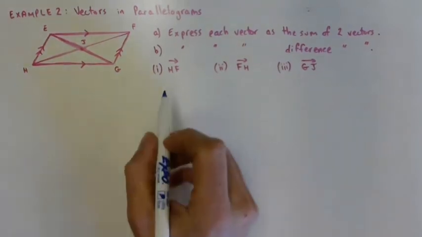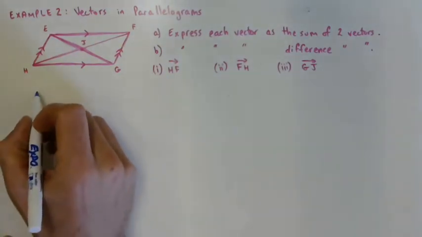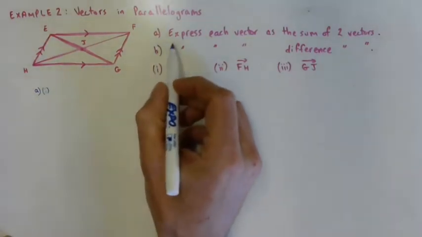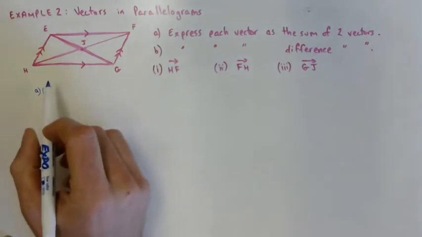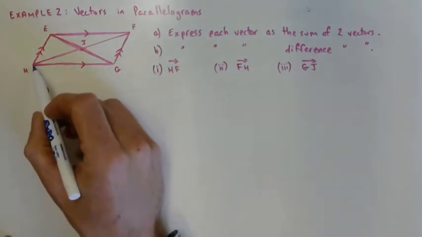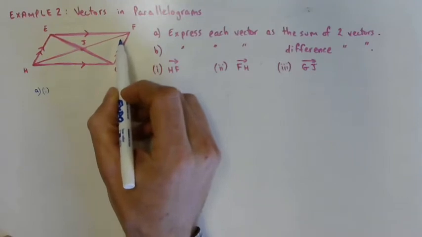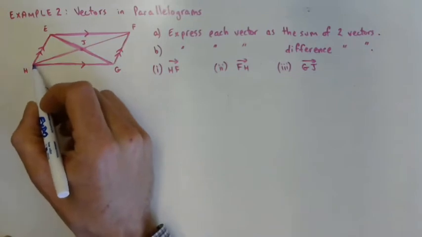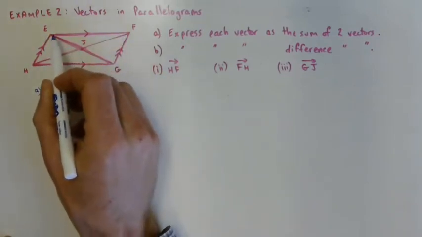Okay, so let's look at FH. And there are a lot of possibilities for each vector here. We're just going to show a couple. In A, express each vector as the sum of two vectors, and we're doing it for one, the vector HF. HF is the diagonal heading up here, and if we're looking at the sum of two vectors, then I would say we can look at HE and EF, and that would be the tail to head method.